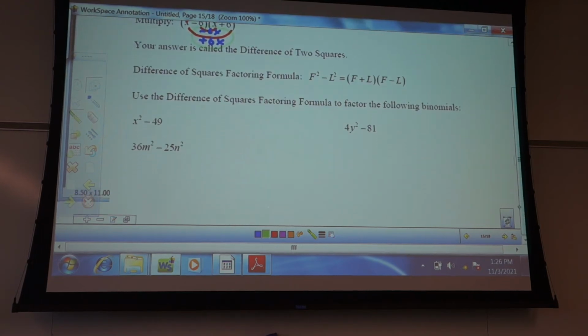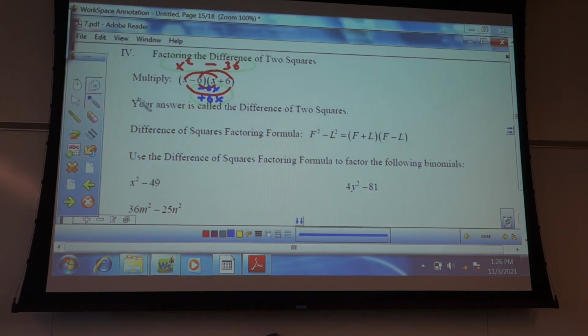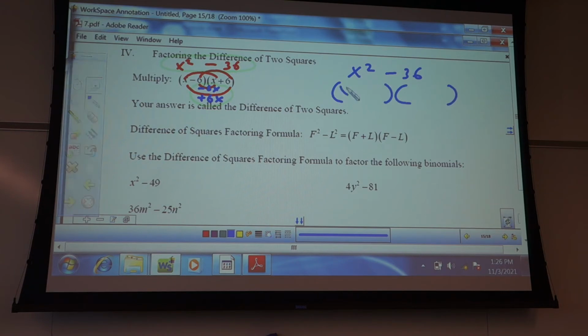So where this comes from is the beautiful thing. If I have x squared minus 36, I can just write it like this. What's the square root of x squared? X. What's the square root of 36? 6. So I put my x's in the first spots, my 6's in the last spots, one plus, one minus. Done.